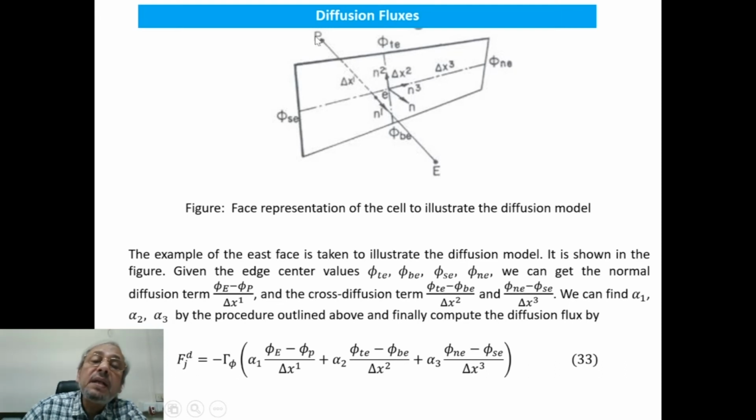Above the P cell there is a cell, the center of which is given by uppercase T. And above this eastern cell there is a cell, the center of which is given by uppercase TE. It is basically the eastern neighbor of the top cell which is just above the P cell.